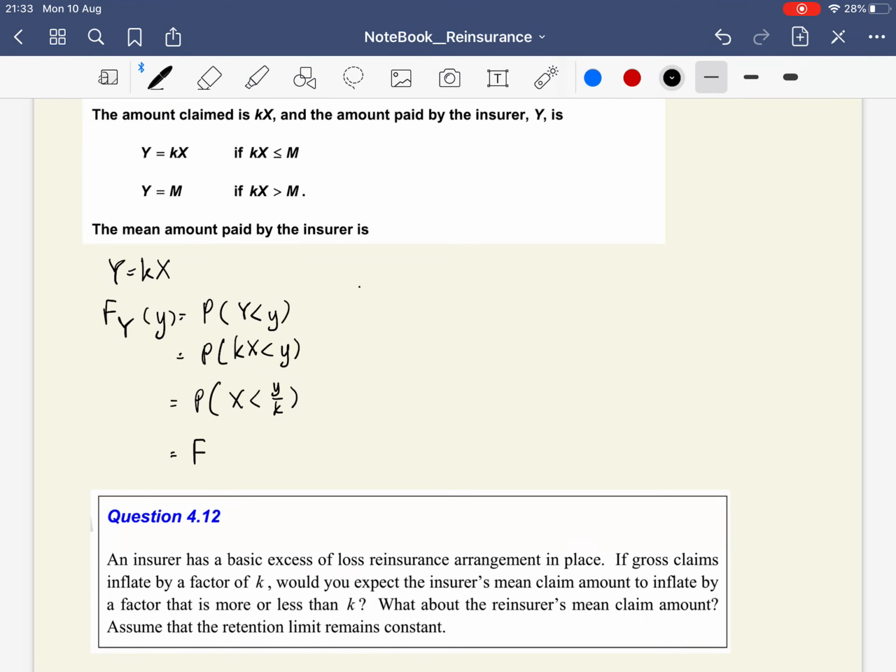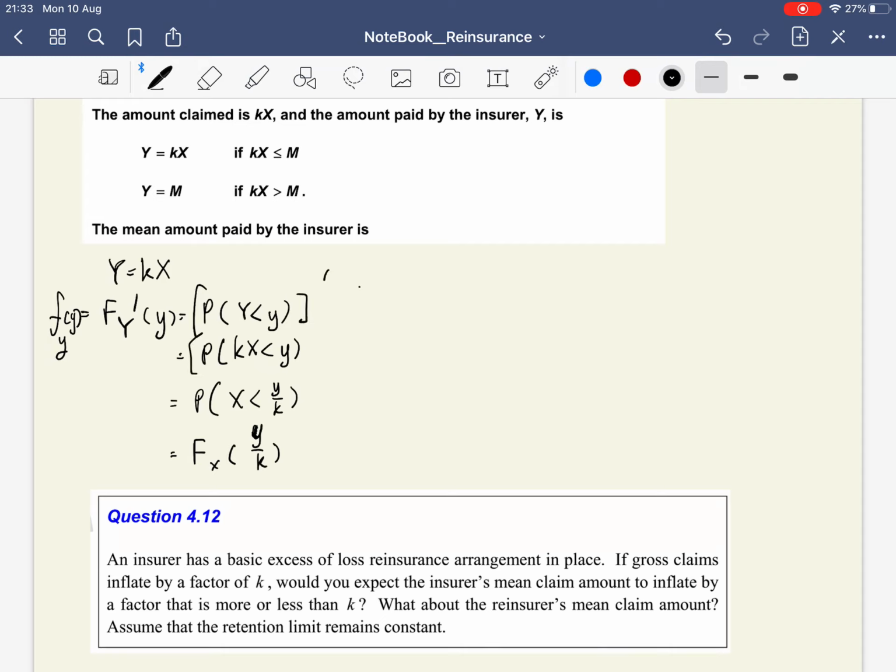This is the distribution function of x at the value y over k. Okay, so we just differentiate, and then we will have the PDF of y.